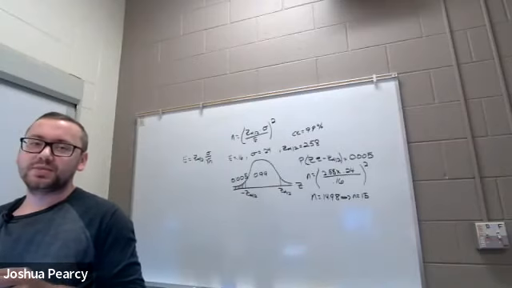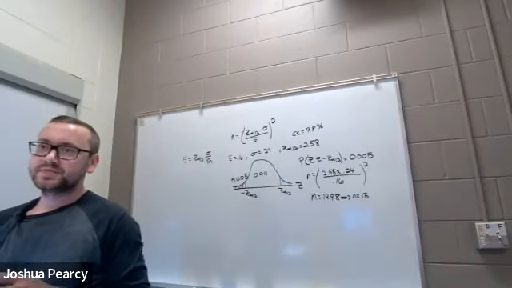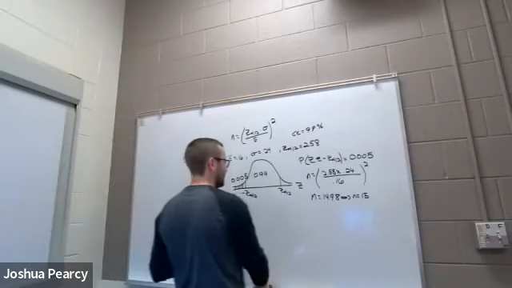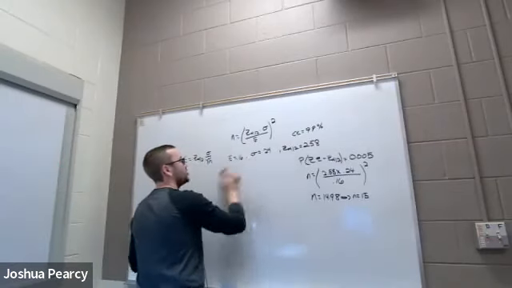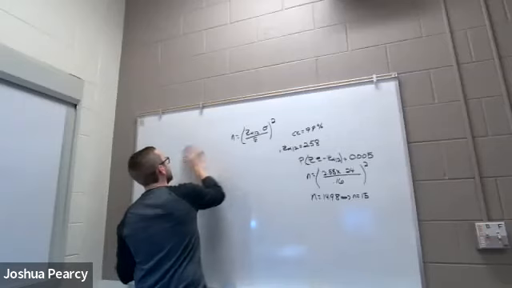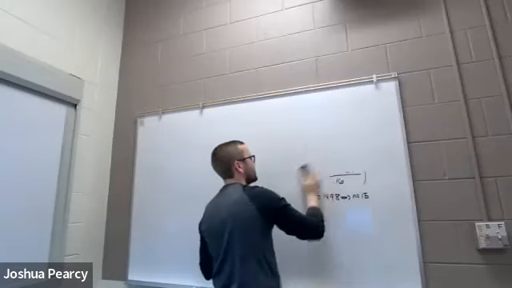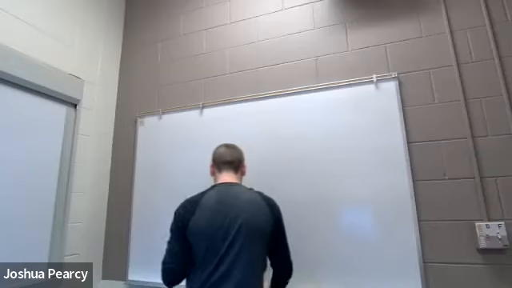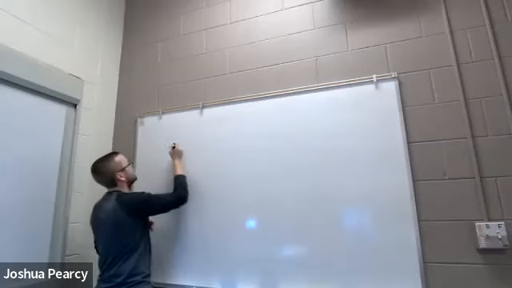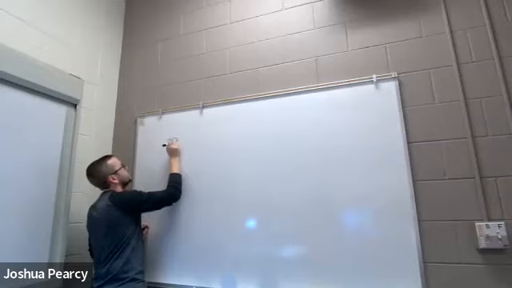Everyone okay with that part right there? Now this next part. We're doing a confidence interval for the population mean, but in this case, you don't know the population standard deviation sigma. And this is what we talked about in 7.2.